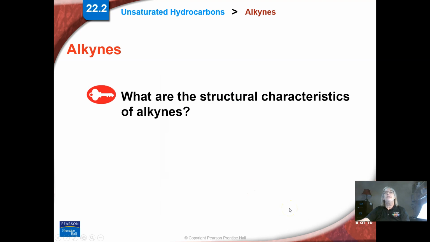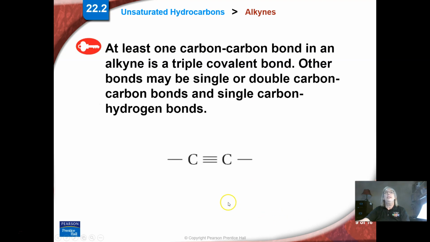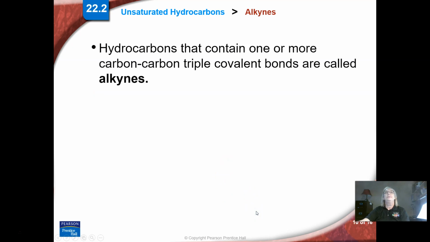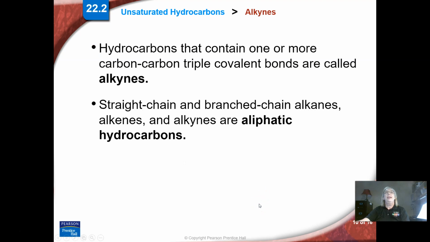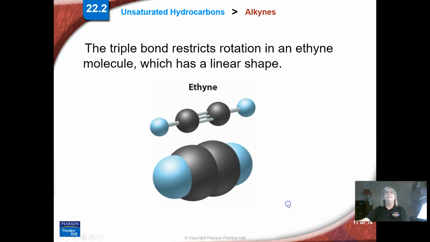So what are the characteristics of an alkyne where you have a triple bond? It looks like this. There's a triple bond somewhere in the molecule. And there's got to be at least one triple bond to be an alkyne. And all of these kinds of alkanes, alkenes, alkynes are called aliphatic hydrocarbons.